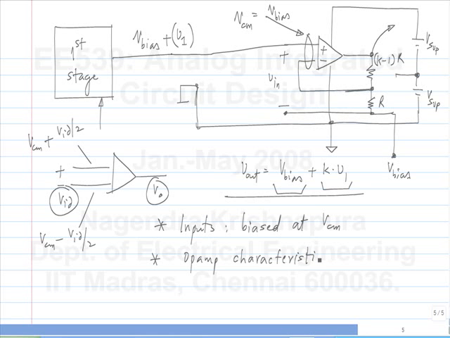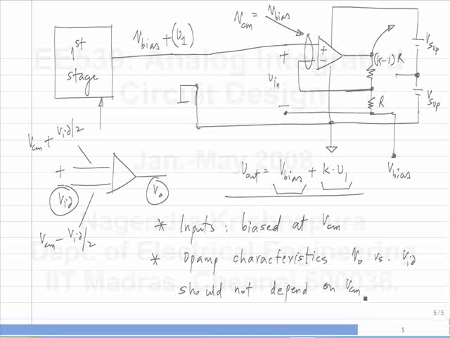And the characteristics of the op-amp, that is V0 versus VID, or the transfer function V0 divided by VID, should not depend on VCM. And in many cases, VCM is not just a DC value, but it can have time varying components. Even then, it should have minimal effect on the output of the op-amp. The output of the op-amp should be predominantly governed by the differential input, not the common mode input. Okay.